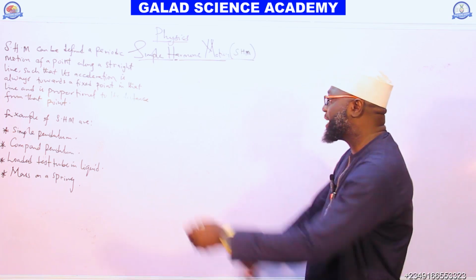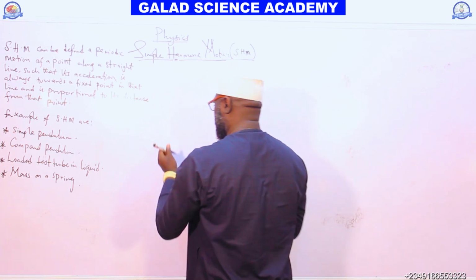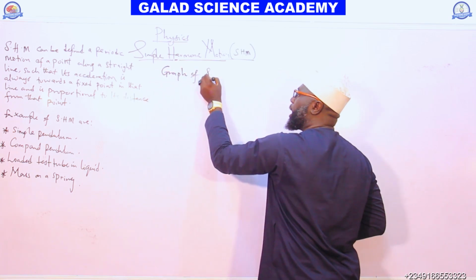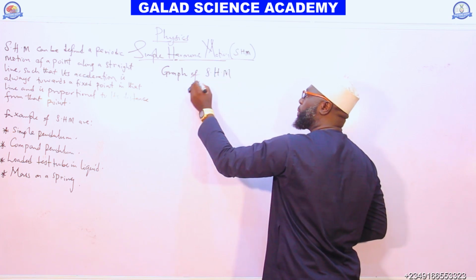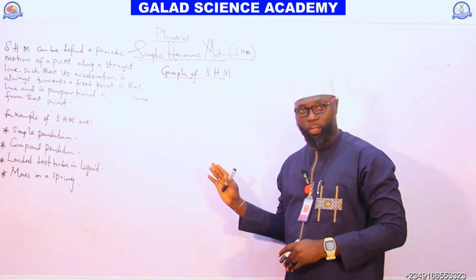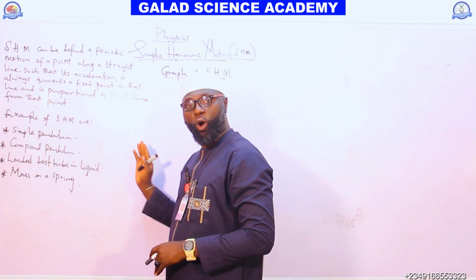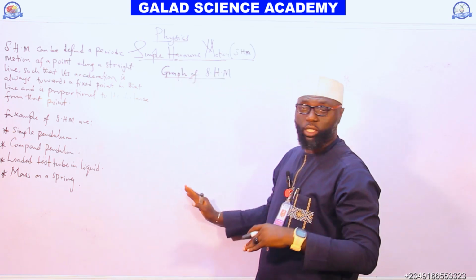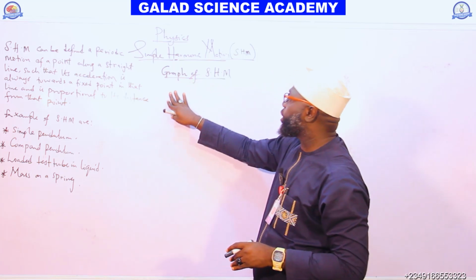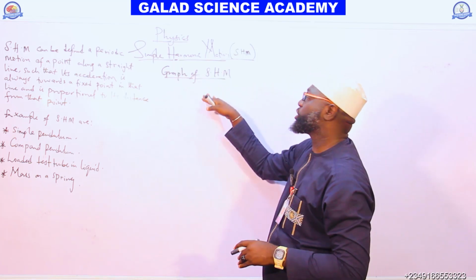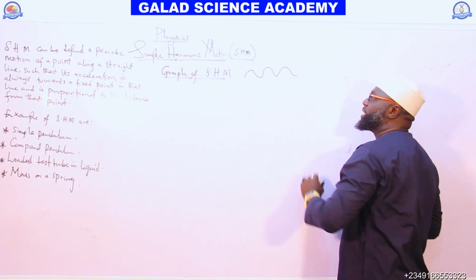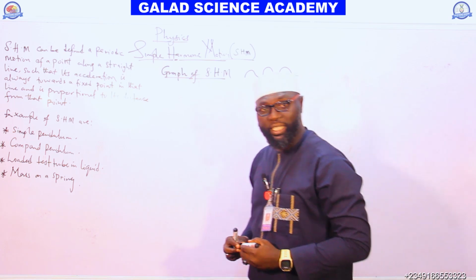The next thing is to look at the graph of SHM. The graph of SHM is a sinusoidal curve, because simple harmonic motion is a periodic motion with regular intervals. It is a curve that moves up and down with regular time intervals.